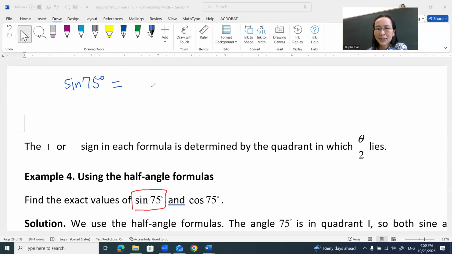According to the formula we just learned, that is either plus or minus the square root of half of 1 minus cosine of twice this angle, which is twice of 75, which is 150. Yeah, we can simply put 150 degrees.